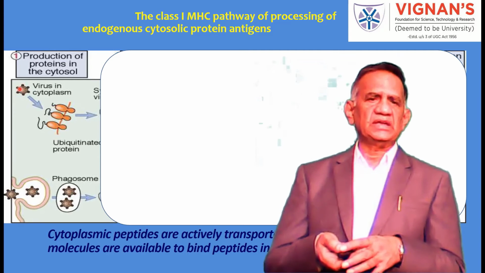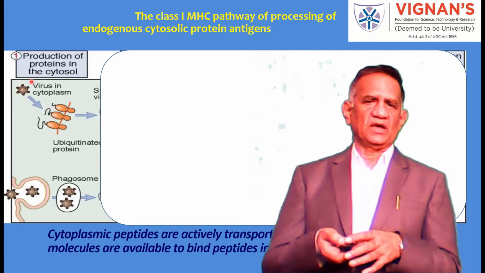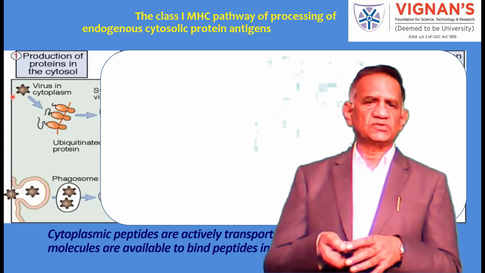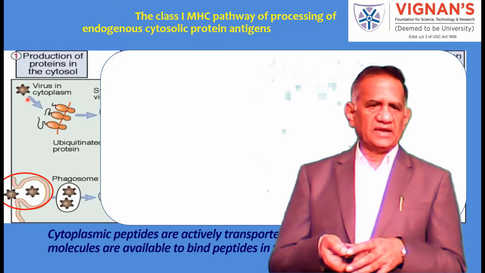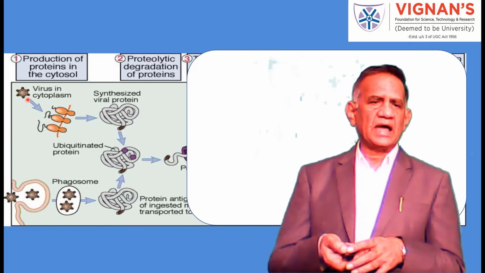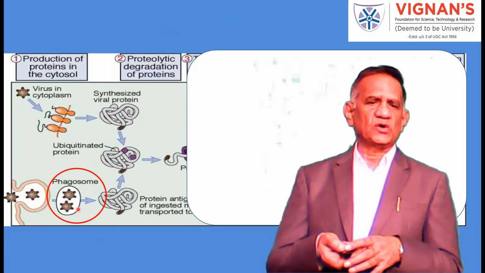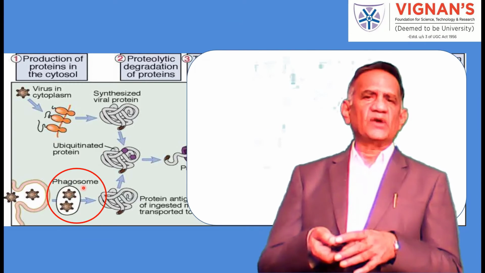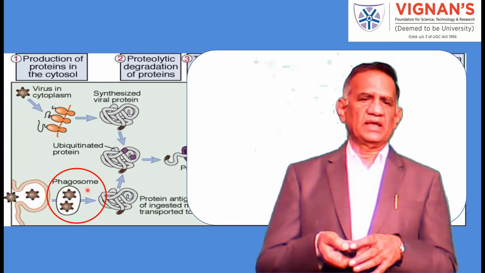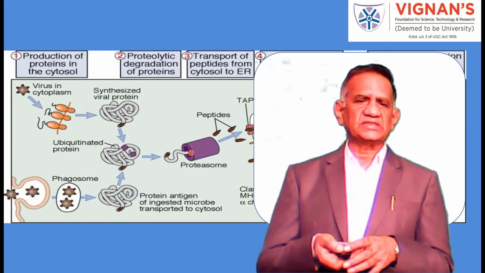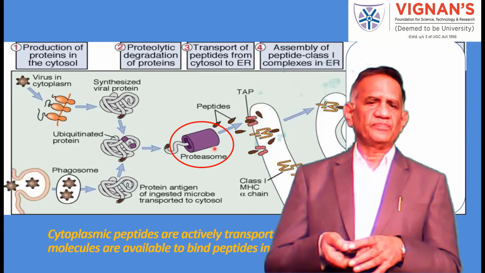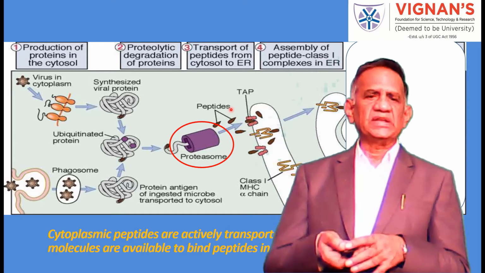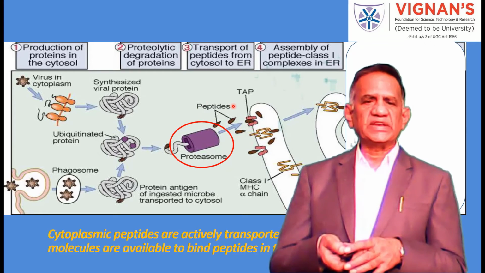Okay, now let us see the class 1 MHC pathway of processing endogenous cytosolic protein antigen. Now this is a virus, entrapped, it is coming into the phagosome, and again the phagosome is having the bag of enzymes, they digest the virus and the proteins are degraded, and again further the proteins are subjected to a protein mill.